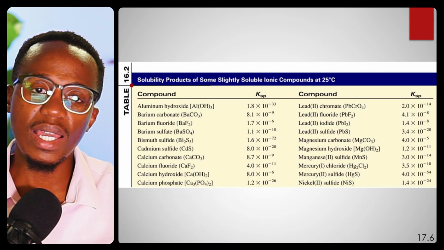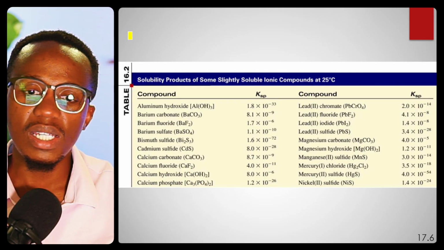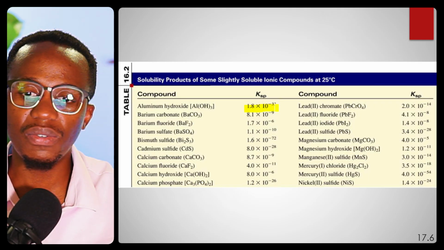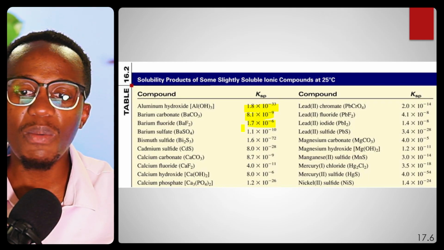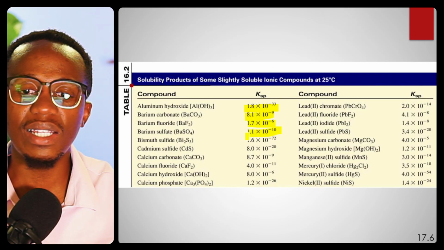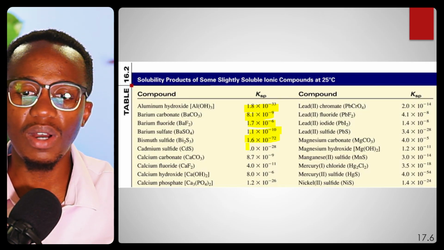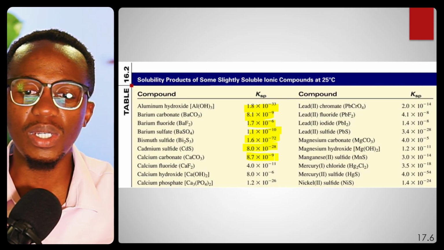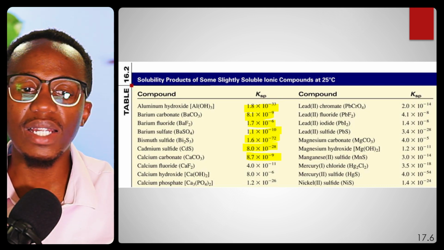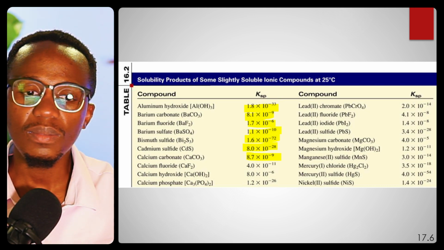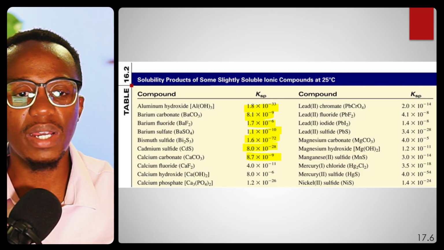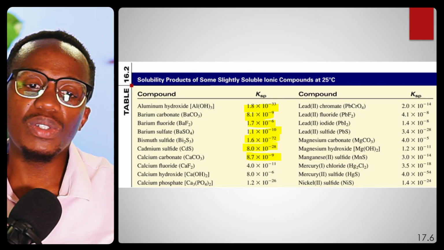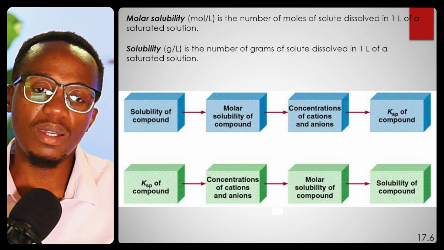So these are examples of different Ksp. Each one of the salts will have a different Ksp, and it will inform how much solid you can add in a liquid for it to not form a precipitate, right?